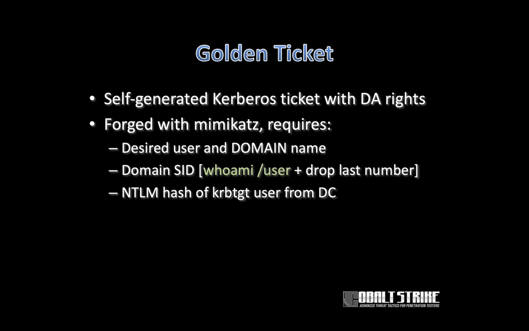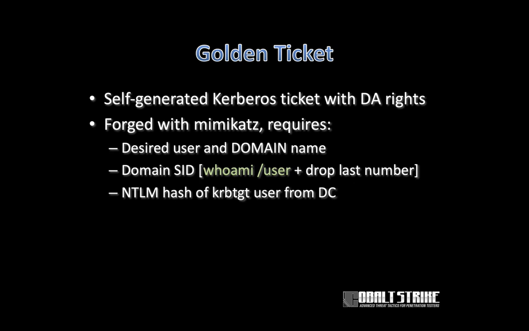Here's what is required. First, you need the candidate user and the fully qualified domain name of your domain, for example, corp.acme.com. You also need the domain SID. From the context of a domain user, do whoami /user with beacon's run command, and that will give you back the user's SID.